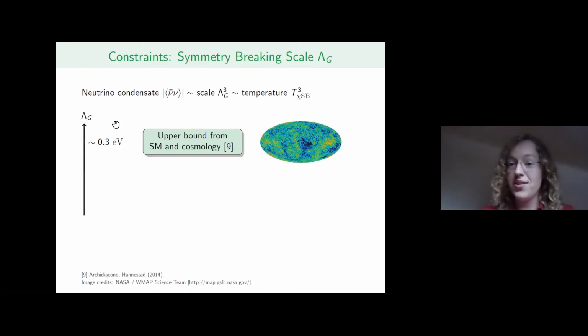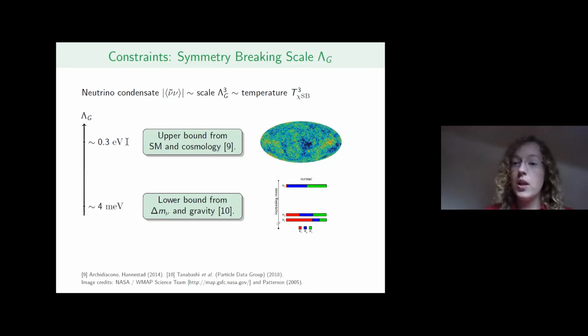Very strongly suppressed interactions would be allowed. But in our case, because we have a phase transition in the neutrino sector, and this is yielding neutrino self-interactions, this can only happen after photon decoupling in the very late universe at temperatures below 0.3 electron volts. And I will talk more about this phase transition on the next slide.